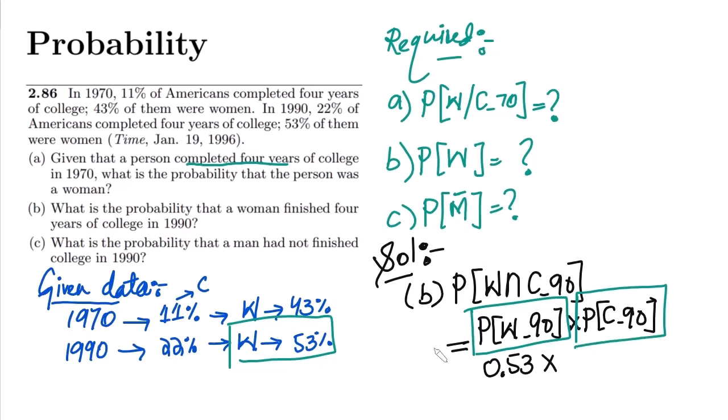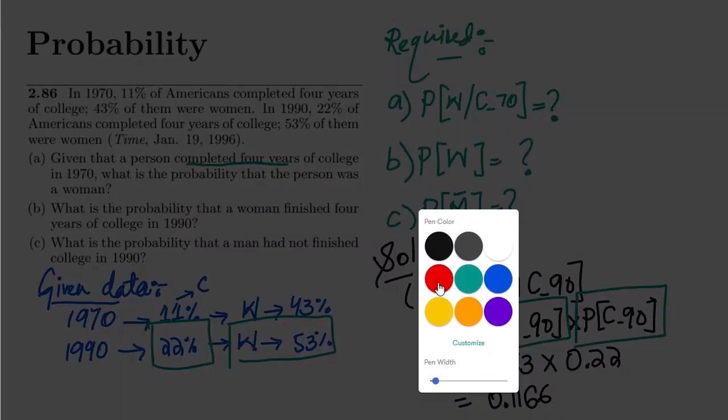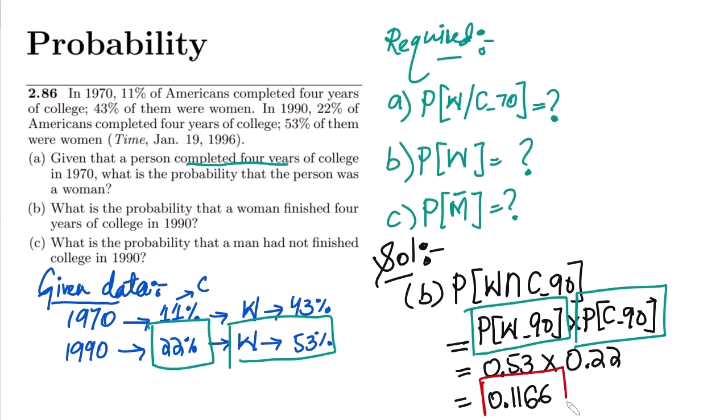This is here 22%, which is 0.22. Okay, so now let me multiply them, so it would be 0.1166. Okay, so this is the solution of part B.